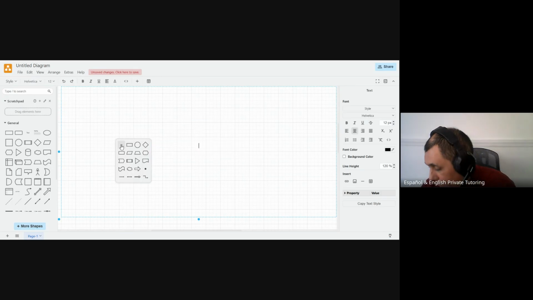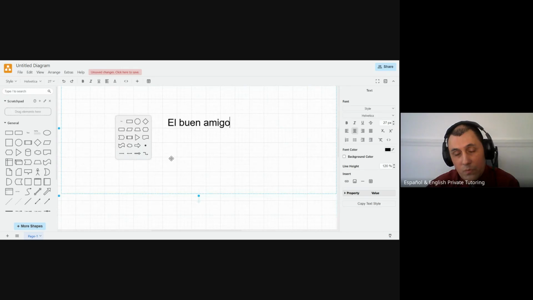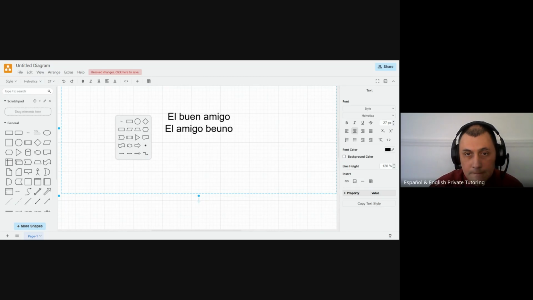So to say, for example, the good friend, you will say el buen amigo. And this is something the book doesn't explain. But when you want to say the friend that is good? Okay. El amigo bueno. So when you use it with people, you have to be careful because it will change the meaning depending on where you place it.